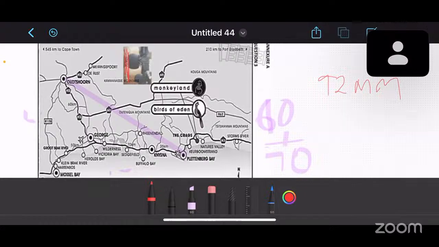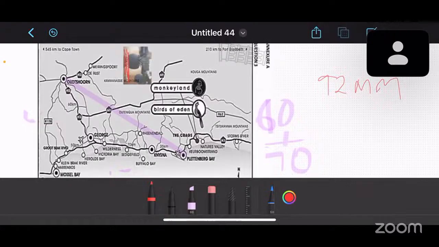Ma'am, did we have to use the numbers at the top, one of them? The 4,500 kilometers to Cape Town or the 210 kilometers to Port Elizabeth? Or was it just the stuff excluding that?